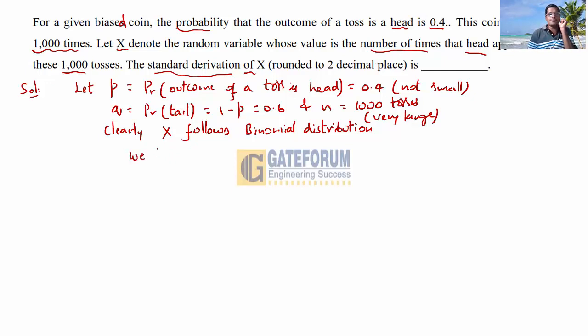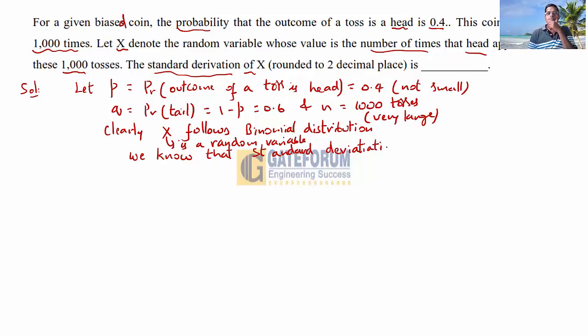we know that the standard deviation. So this is a random variable denoting the number of times that head appeared in these 1000 tosses.